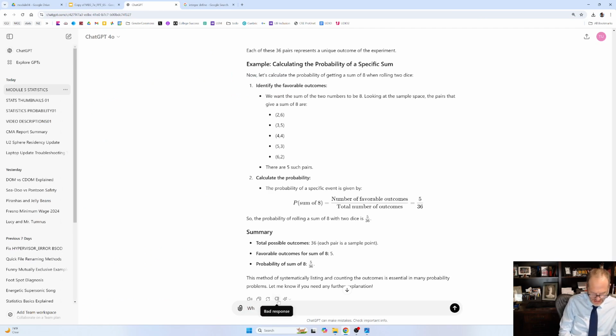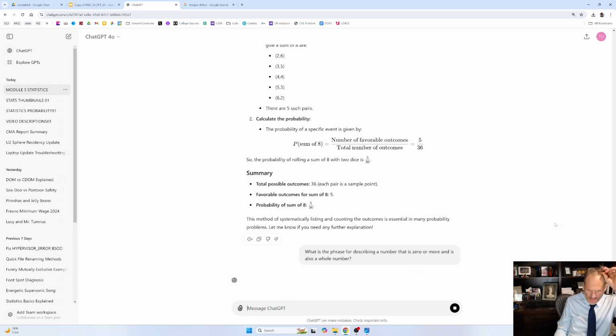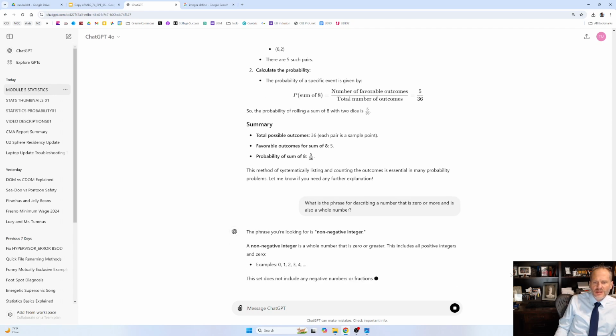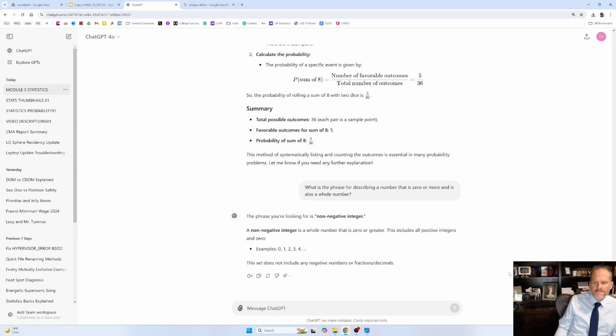What is the phrase for describing a number that is 0 or more and is also a whole number? The phrase you're talking about is non-negative integer. I thought there was a phrase for numbers that are 0 or greater.